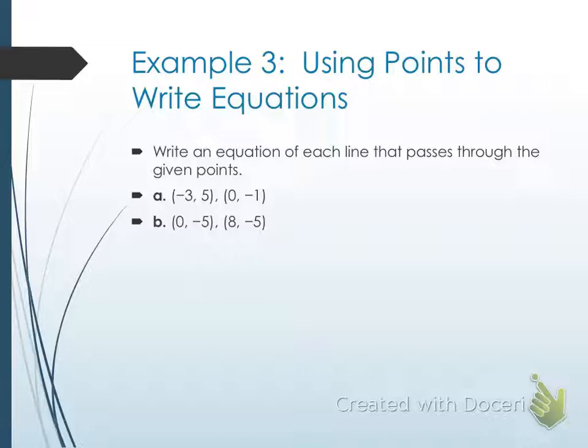Well, first off, we can look at this and remember, where is a y-intercept? The y-intercept is always going to be the value of y when x equals 0. So if you notice, on both of these, we do have that point.